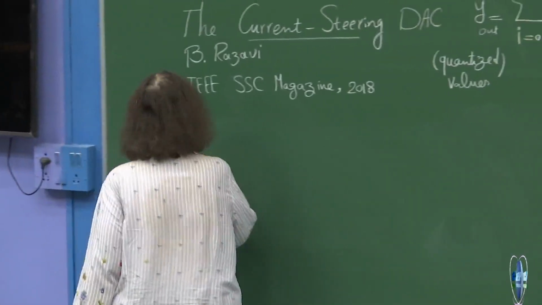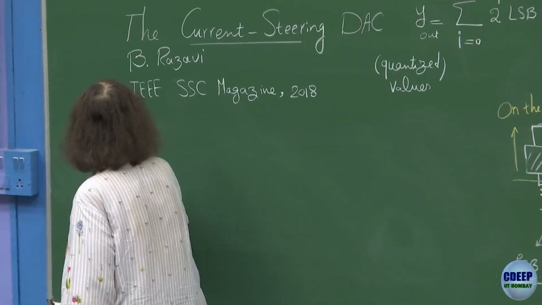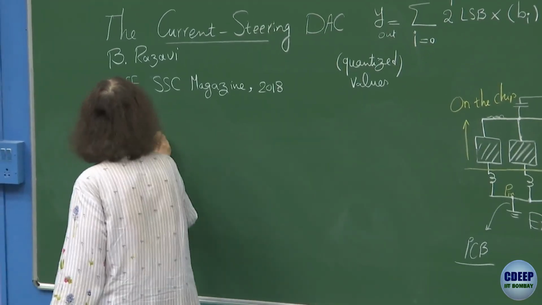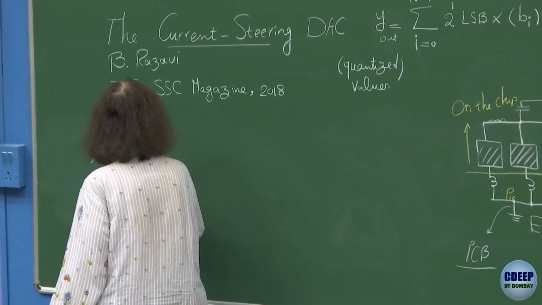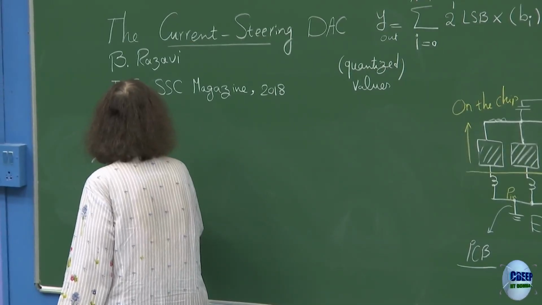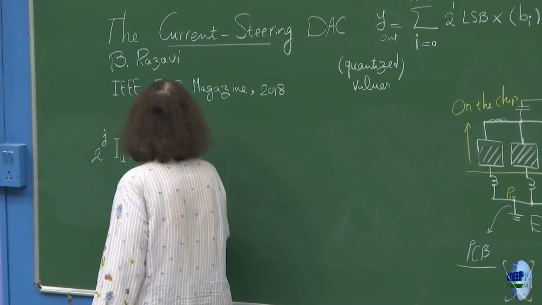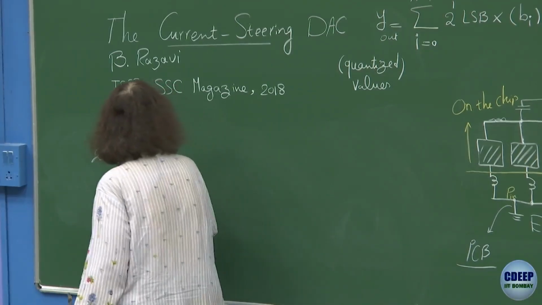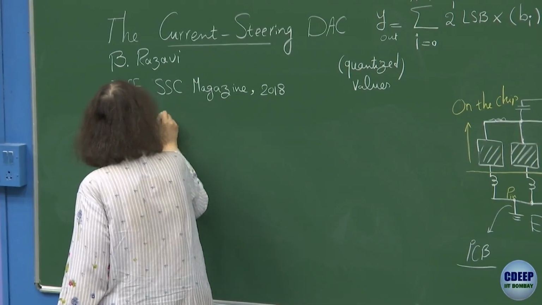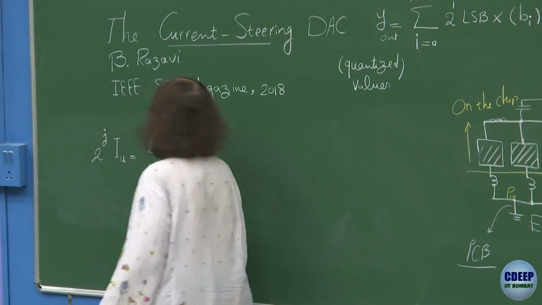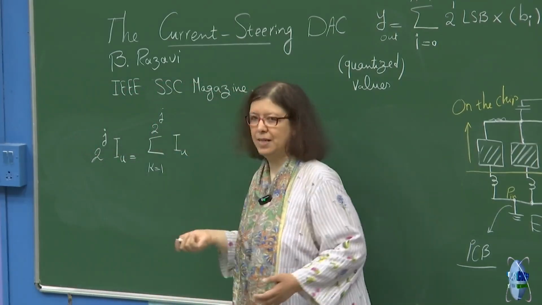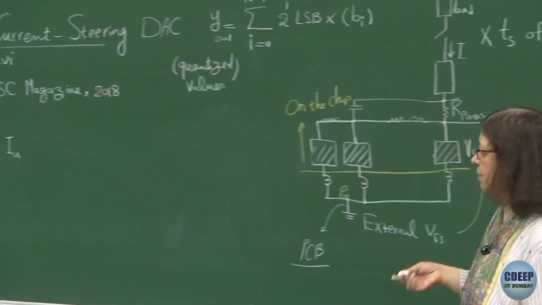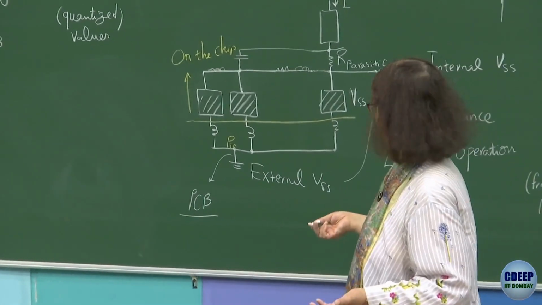So if I have 2 to the power j IU, that is eventually summation of k from 1 to 2 to power j, eventually IU, right? That means that you can actually add unit currents. Only the number of unit currents you add are really high.